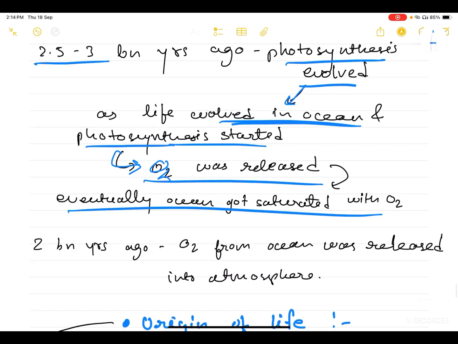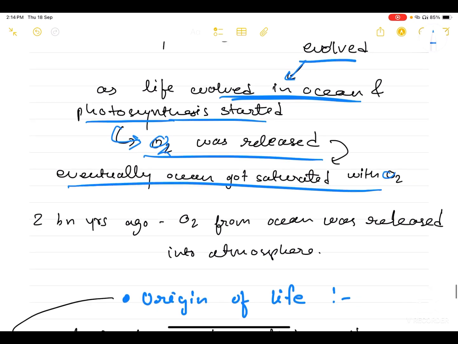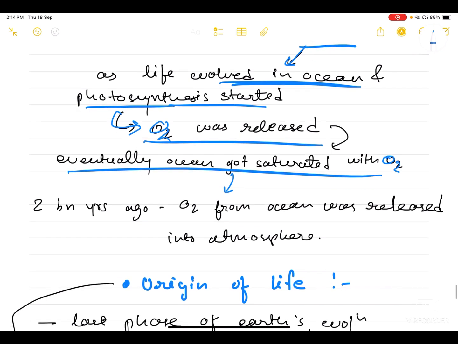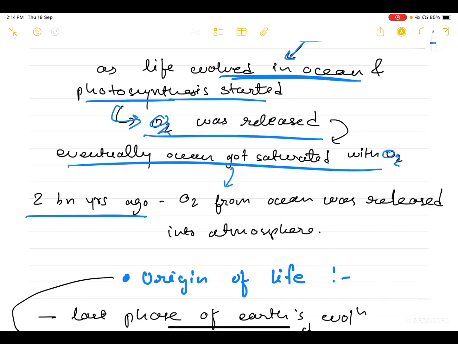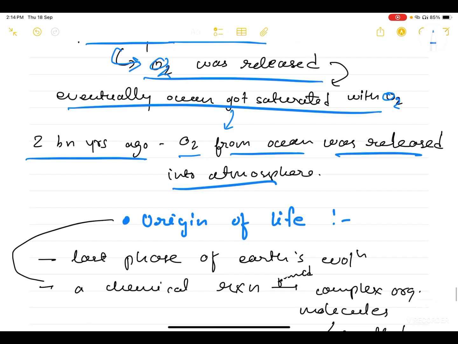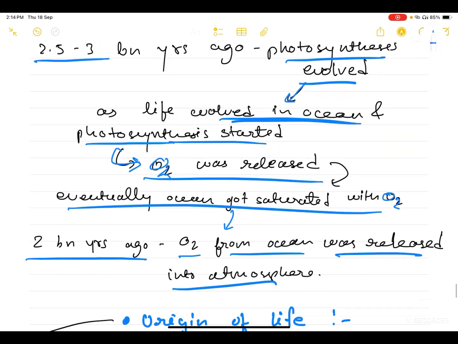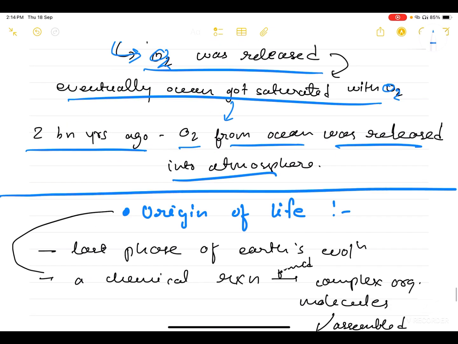Eventually, when the ocean got saturated with oxygen, it started releasing oxygen into the atmosphere. So about 2 billion years ago, oxygen from the ocean was released into the atmosphere. This is the explanation for the evolution of atmosphere and hydrosphere.